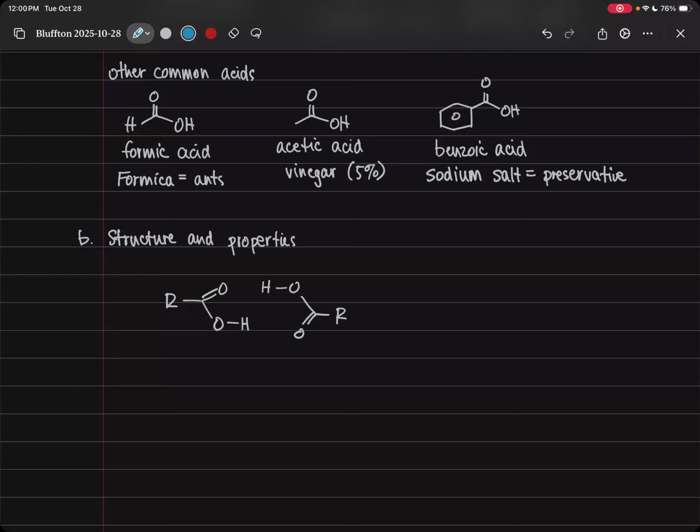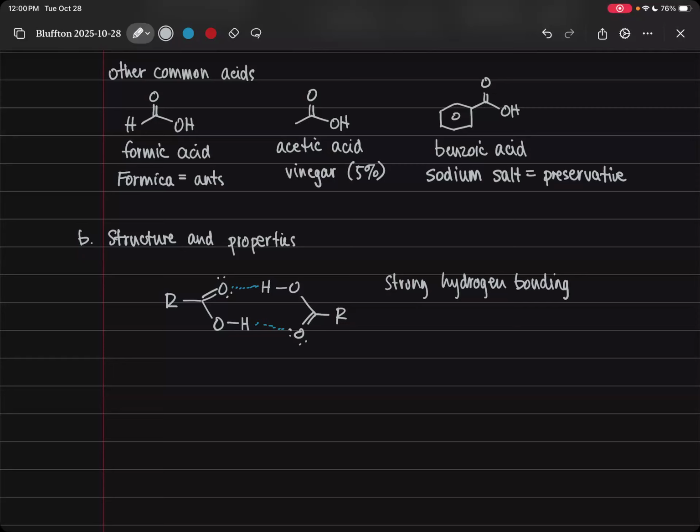Because we've got these oxygen atoms with lone pairs, and we've got these hydrogen atoms on the end of the acid, we can have really strong hydrogen bonding between two carboxylic acid molecules.